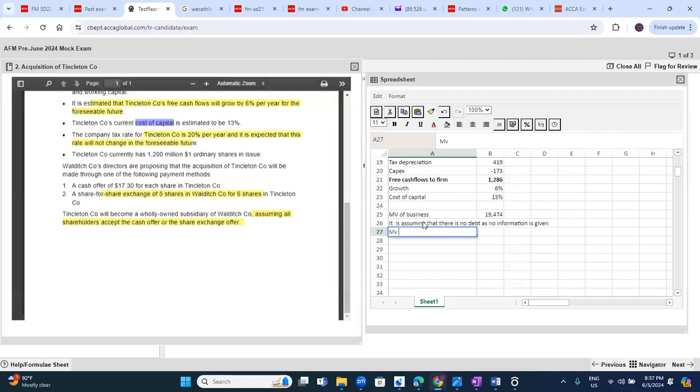So this is the market value of equity. You can divide it by the number of shares, that are 1200. So this is the market value per share. That's it. That is your final answer.